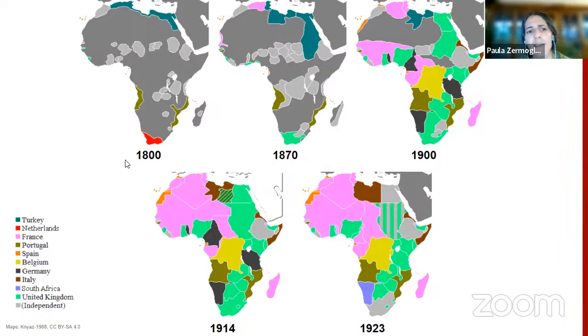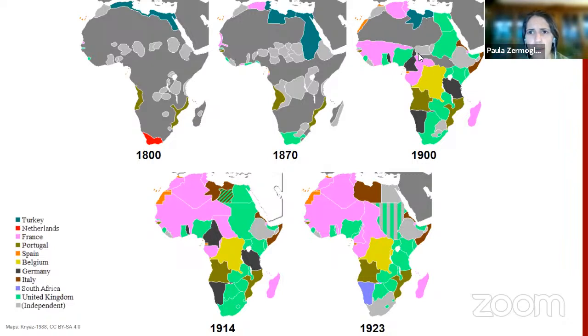So what we have here on screen is a progression from the 1800s until 1923, and we can see different countries that have dominated different areas in Africa. And we can see that that has changed over time.